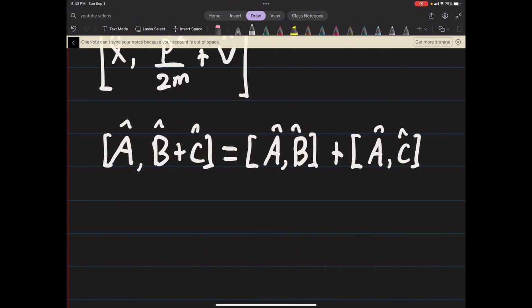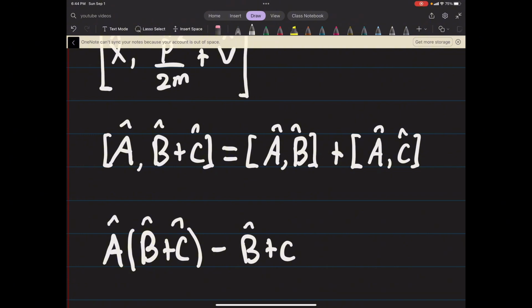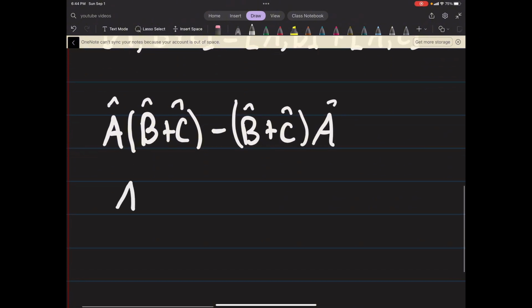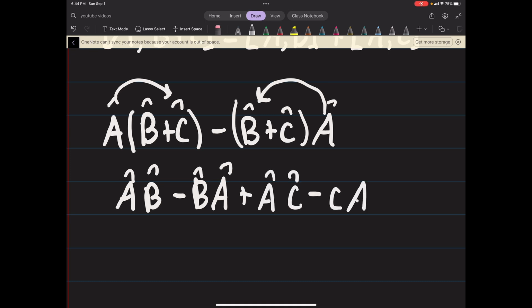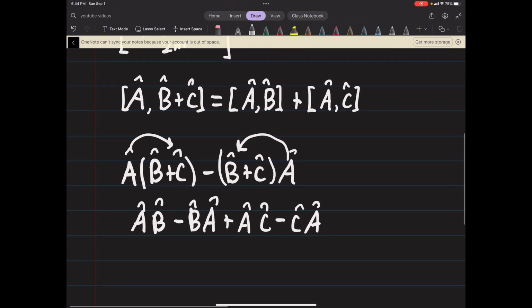Okay, so just doing the left-hand side, that's the same as A times (B plus C) minus (B plus C) times A. So this is AB, and then I'm going to distribute this one, minus BA, and then AC minus CA, which of course is exactly what we have here.